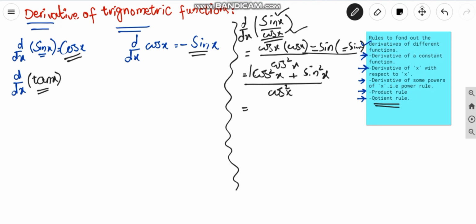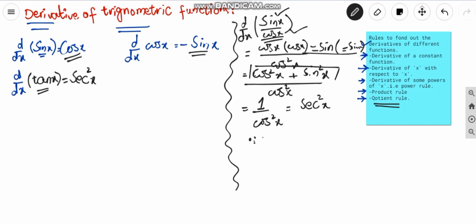As you know the identity very well, cos square x plus sin square x is equal to 1, over cos square x. And you know very well 1 over cos is secant, and 1 over cos square x is secant square x. So you can say that the derivative of tan x is secant square x.